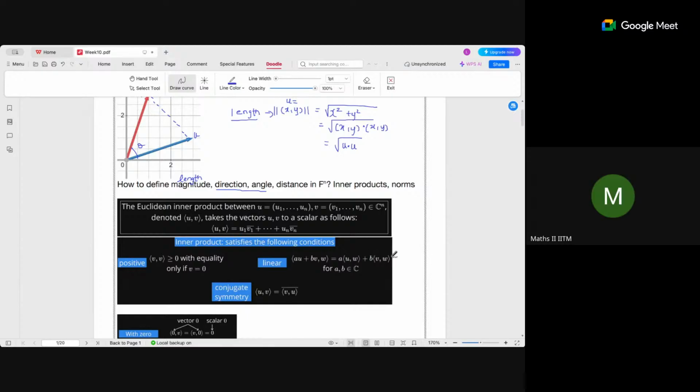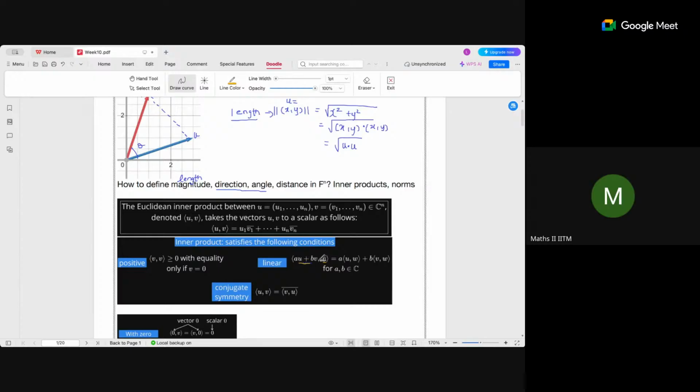So what does linearity with respect to the first variable mean? This is the first argument, and this is the second argument. Sometimes it is better to say argument than variable. With respect to the first argument, we see linearity.